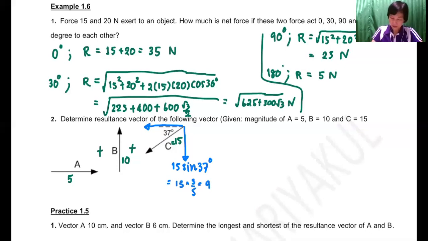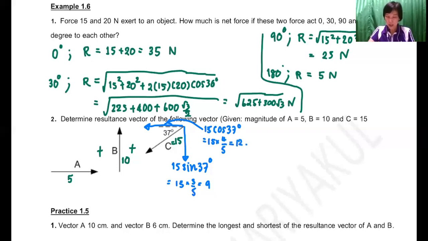And this one equals the original magnitude, 15, multiplied by cos 37, and cos 37 is 4 over 5, so it is 12 units.